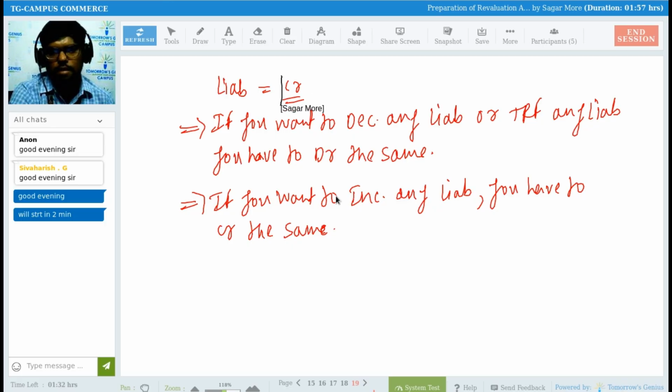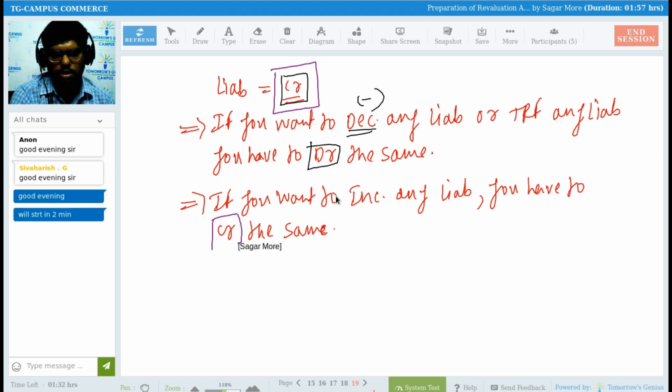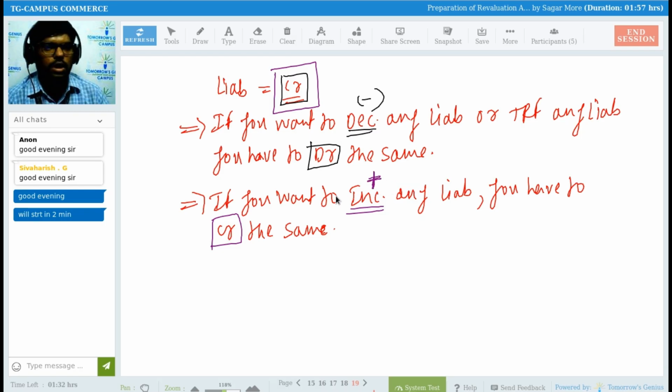Because liability itself is a credit, so debit will decrease it, that is minus. Liability itself is a credit, so credit will increase it. Understood this or not? Right?